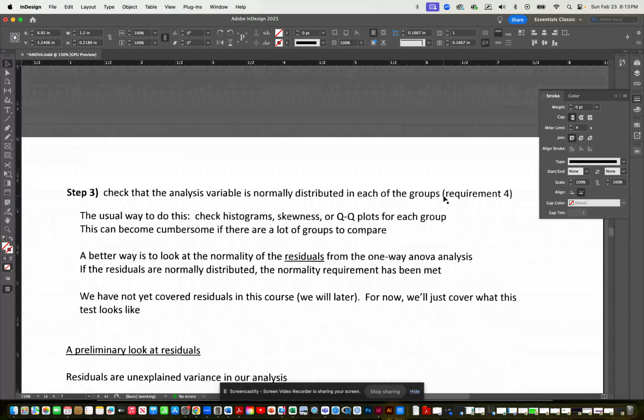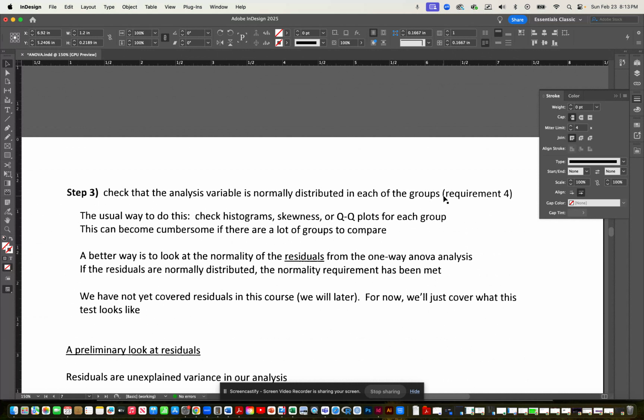Step 3, check that the analysis variable is normally distributed in each of the groups. So the usual way to do this would be to look at the histogram, look at the skewness, or QQ plots, but that gets a little cumbersome if you were looking at a lot of groups. So for example, if you were looking at the 50 different states, well, that's just going to be potentially a lot of work.